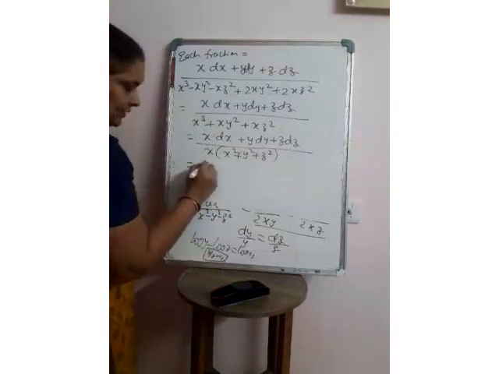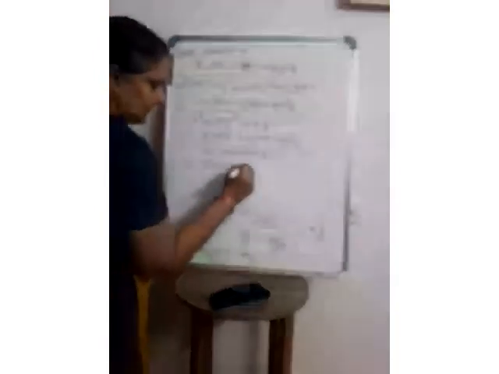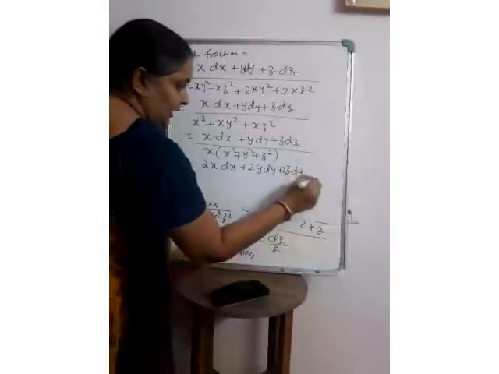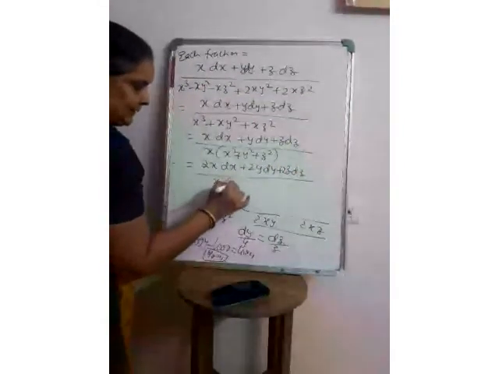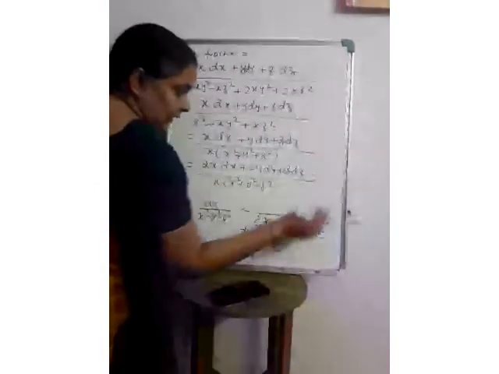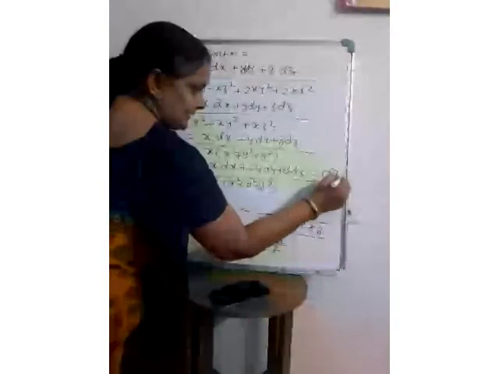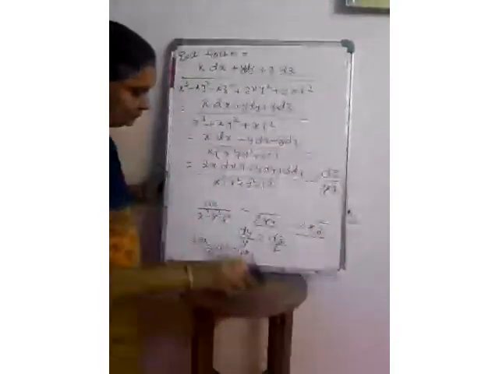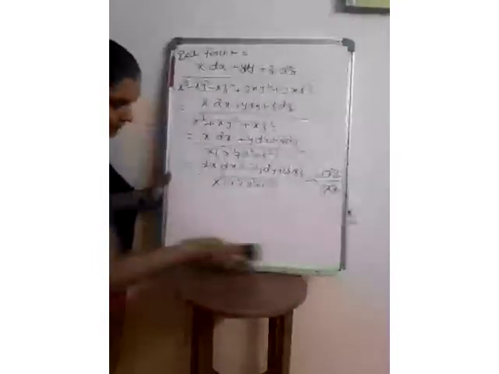So this fraction is also equal to 2x dx plus 2y dy plus 2z dz by x square plus y square plus z square, because all these are equal fractions. And this fraction I'll equate with the third one, dz by 2xz. So x gets cancelled now. So what will be this value?